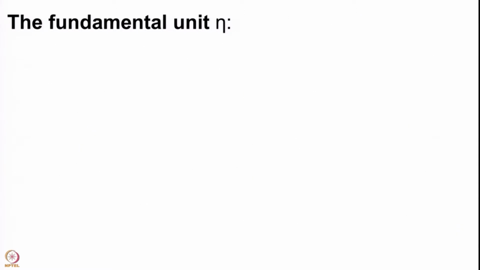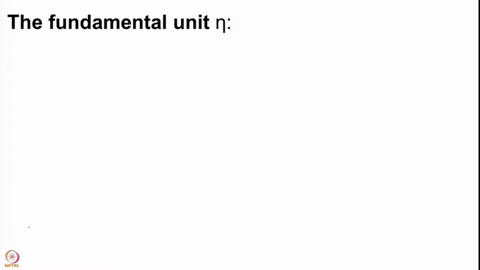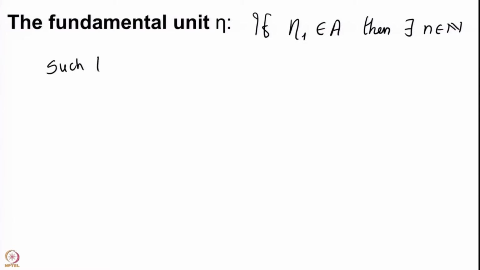Now eta naught is a unit, so all positive powers of eta naught are units, and these powers will certainly go to infinity because eta naught is bigger than 1. So, if eta 1 is any unit in A, then there is a natural number n such that eta naught power n is less than or equal to eta 1, which is less than eta naught power n plus 1.